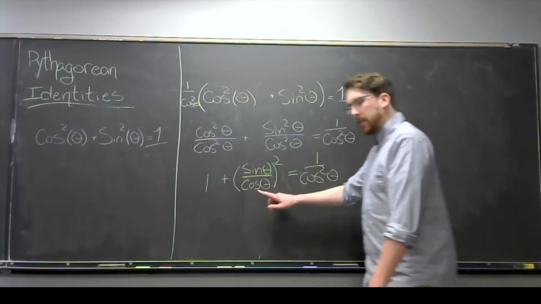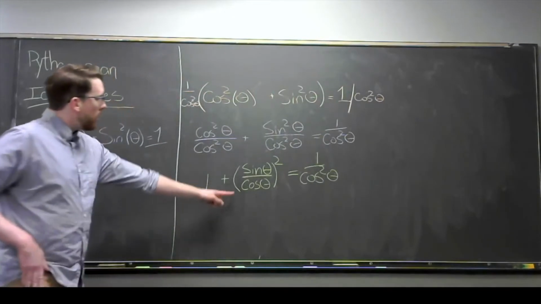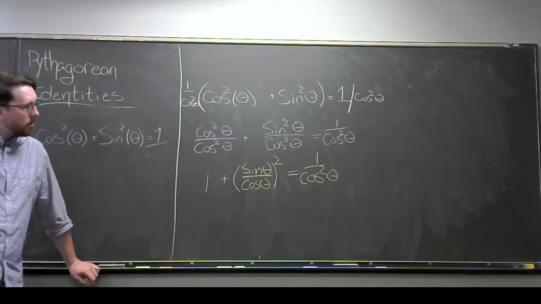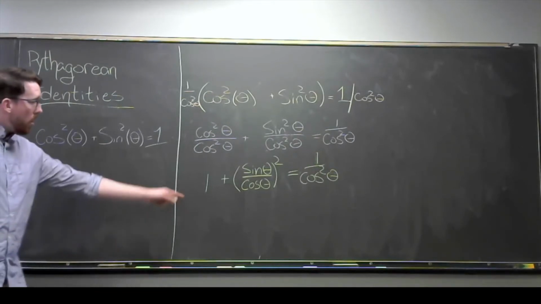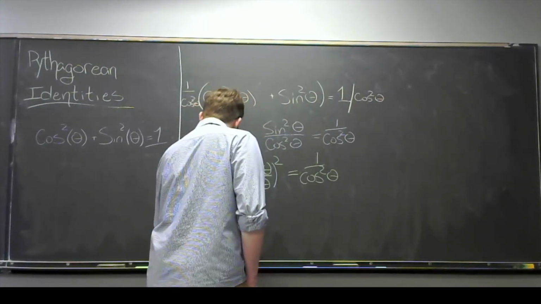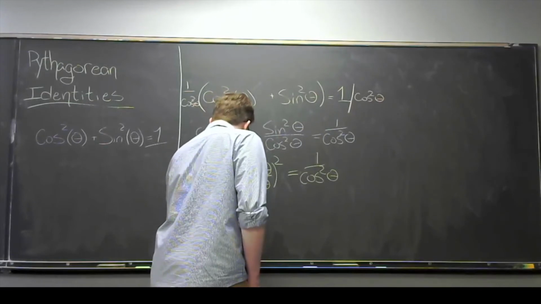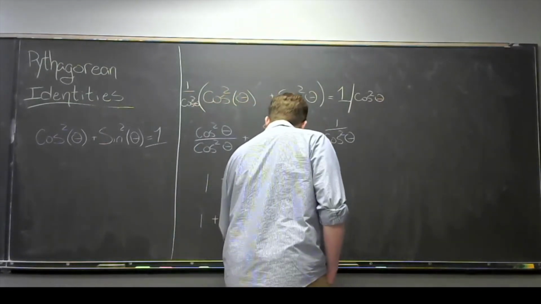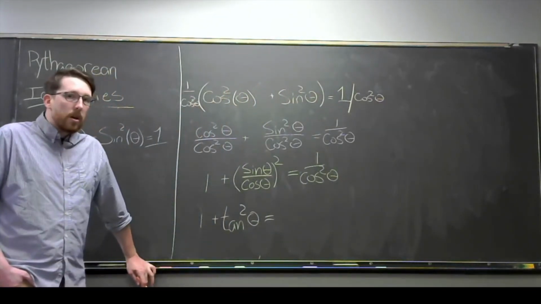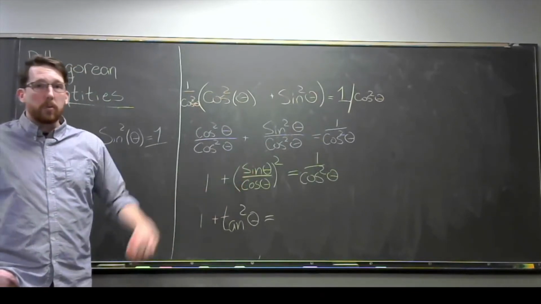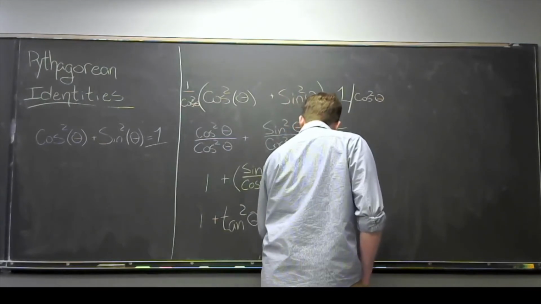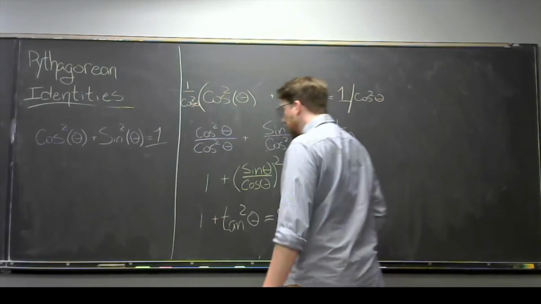Now you might recognize this is going to give us tangent. So we can rewrite all of this now as 1 plus tangent squared theta equal to, well, 1 over cosine squared theta. That's going to be secant squared theta.